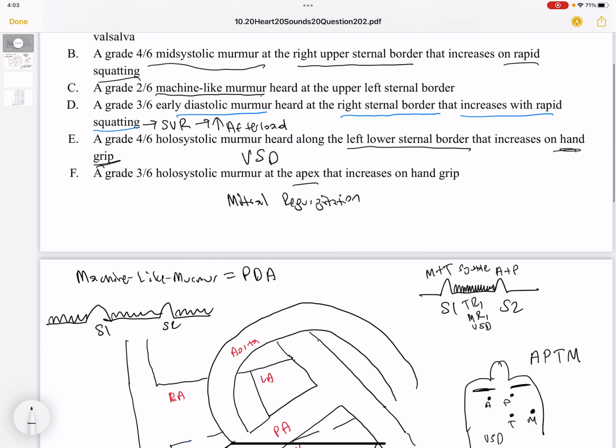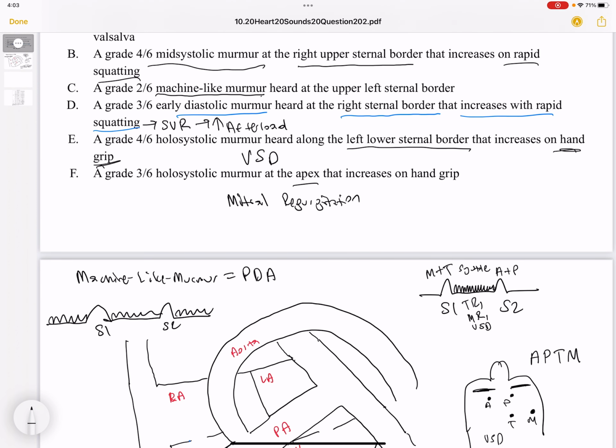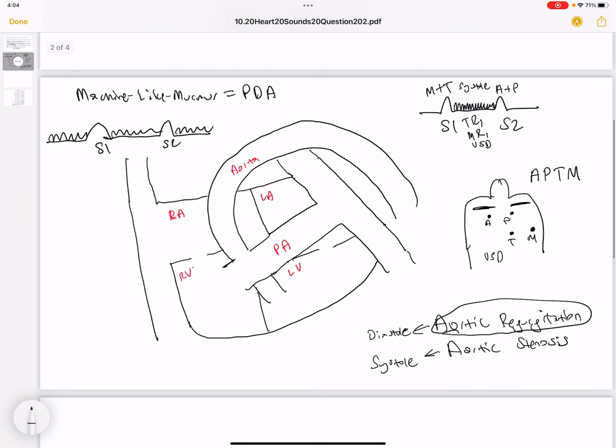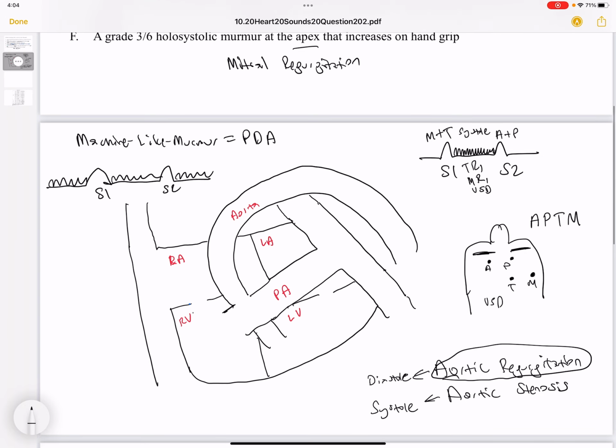In the right upper sternal border, we have the aortic valve again, and the pathology that is associated with the aortic valve that happens during systole is going to be aortic stenosis.